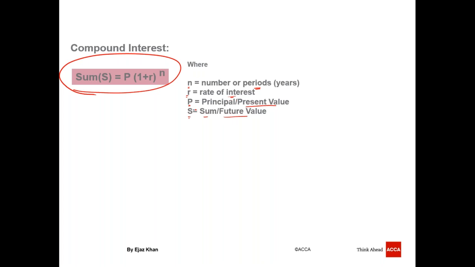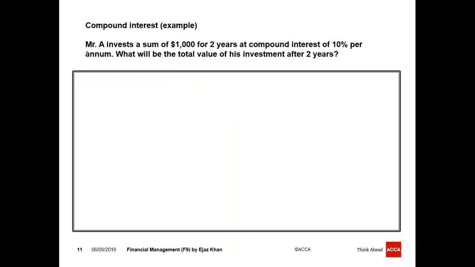So the key point here is that whenever we are supposed to calculate the principal, we have to actually offload the amount of interest. But whenever we are supposed to calculate the sum, we have to include the amount of interest.